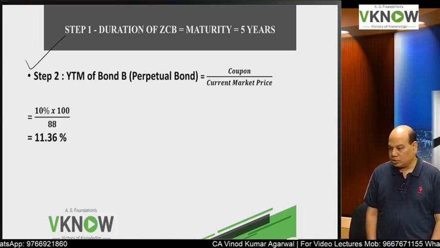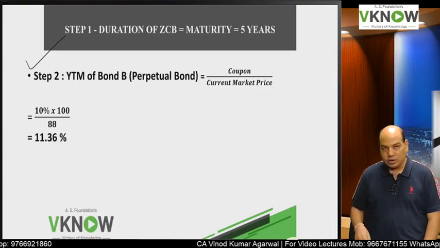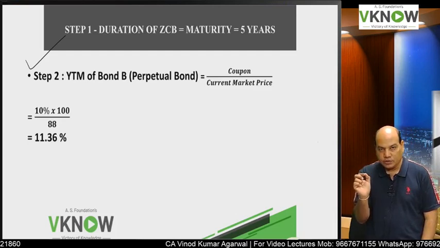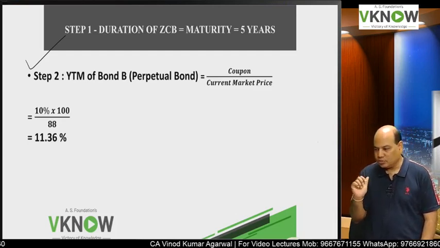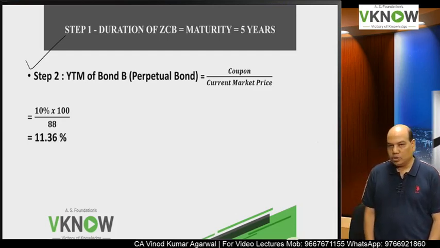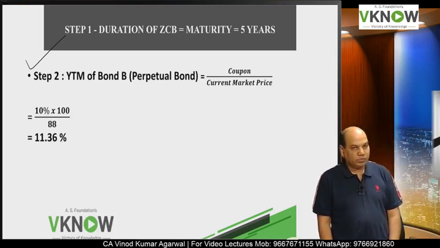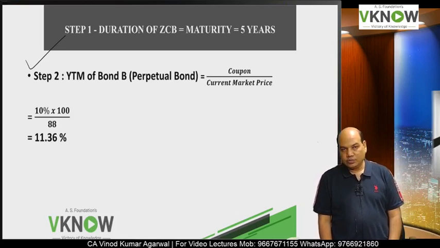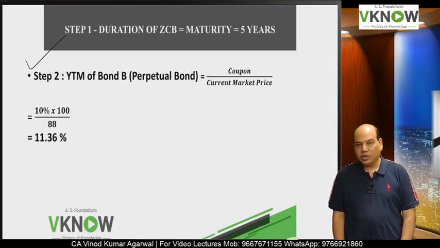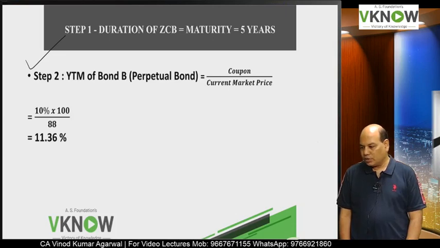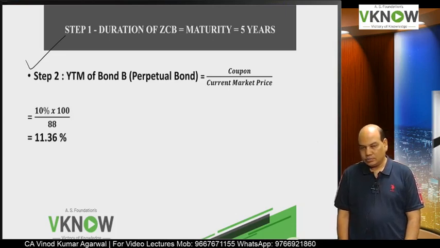Duration of zero coupon bond is equal to 5 years, but for the perpetual bond I will first compute YTM. So write down step 2, YTM of bond B, that is the perpetual bond, is coupon divided by current market price.